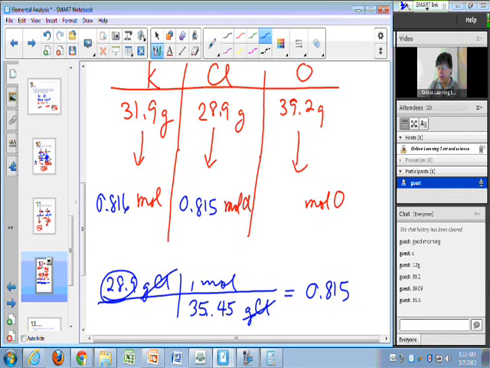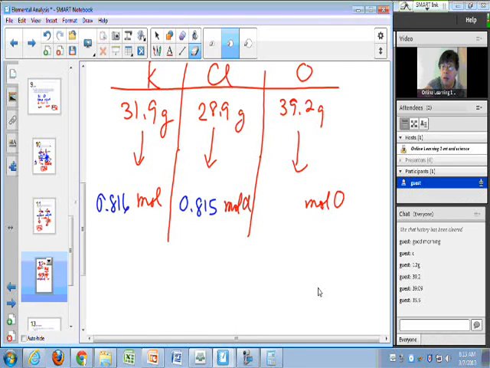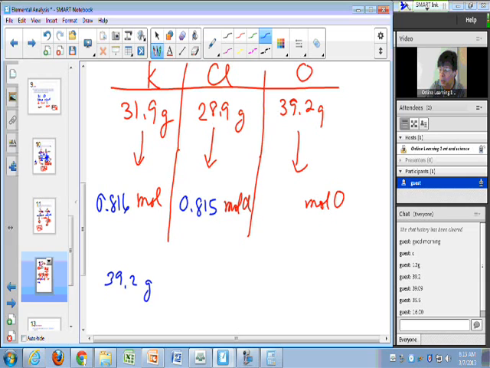And then finally, we change grams of oxygen to moles of oxygen. Right, so we do 39.2 grams of oxygen times 1 mole of oxygen has a mass of 16.00 grams.